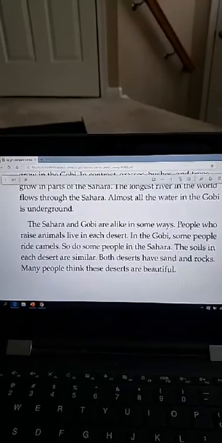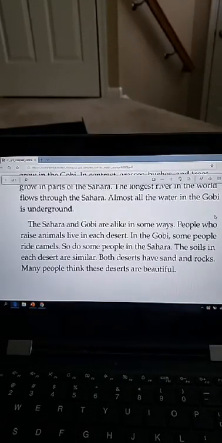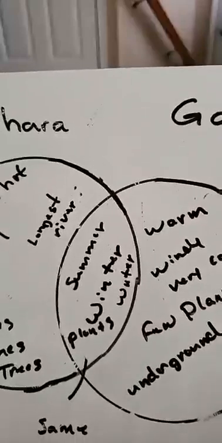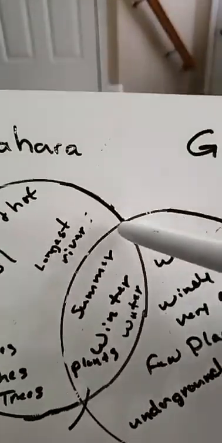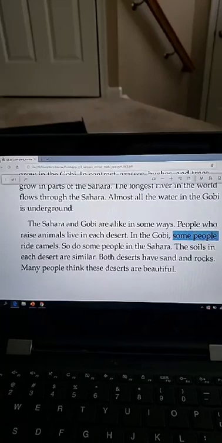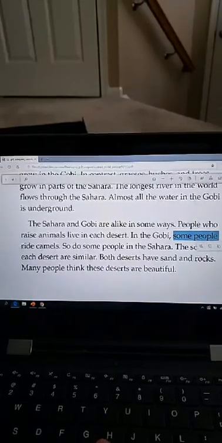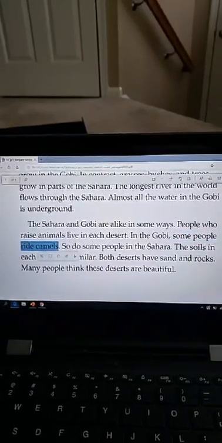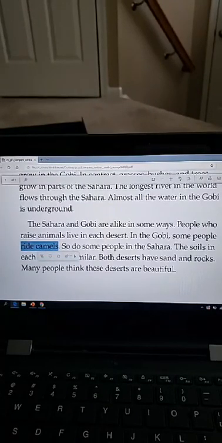People who raise animals live in each desert. So I would take that information and on my Venn diagram or my double bubble, in the part that compare, I will write some people ride camels. Because they said in the Gobi, some people ride camels.